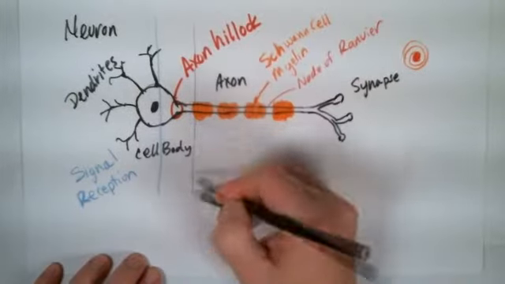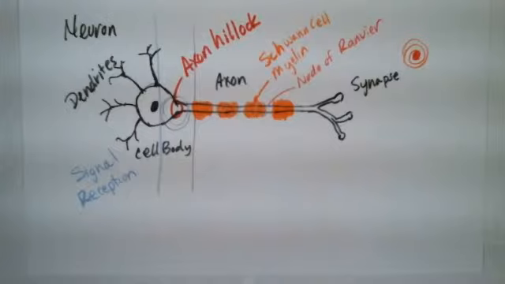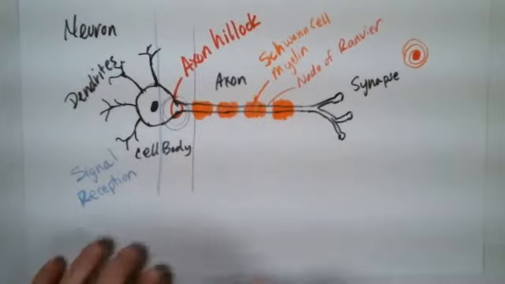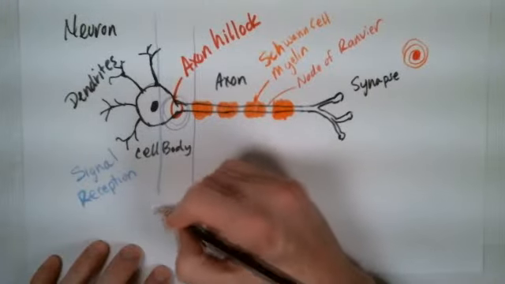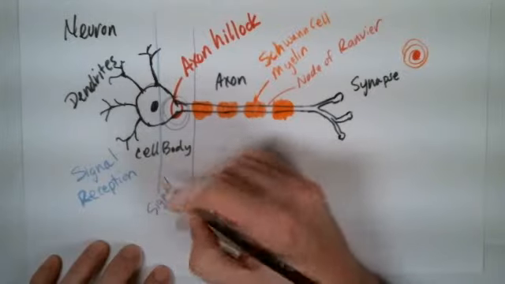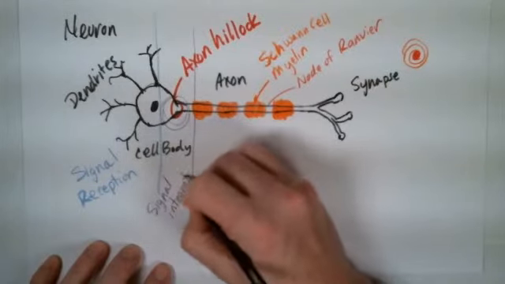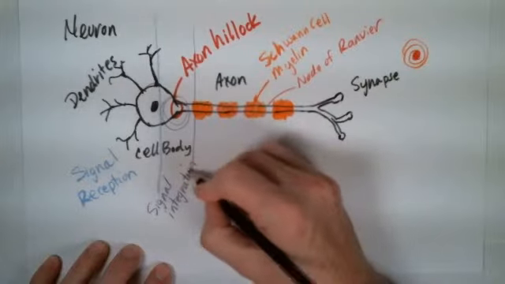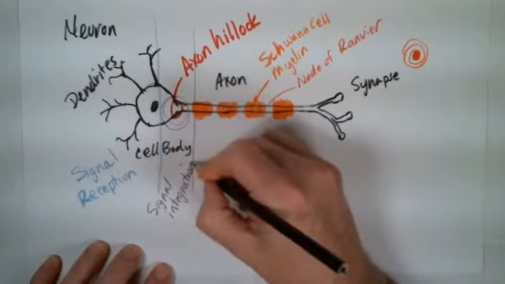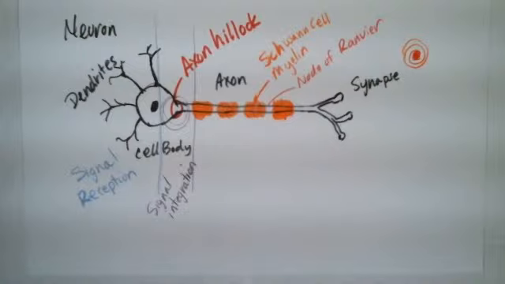But this area where the axon hillock is, after the reception, is your signal integration. Signals are recognized and then passed on. If it reaches those requirements, it will be passed on down onto the axon.